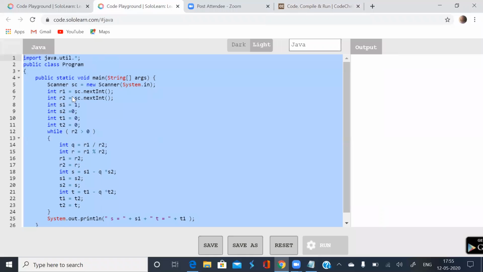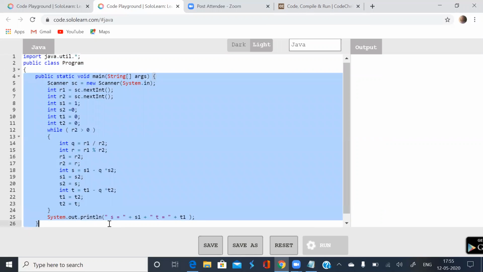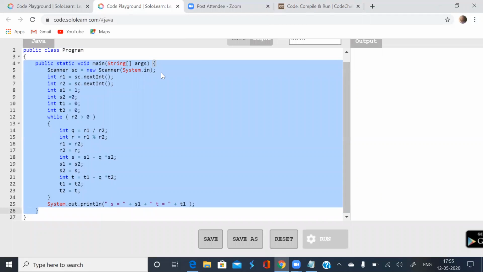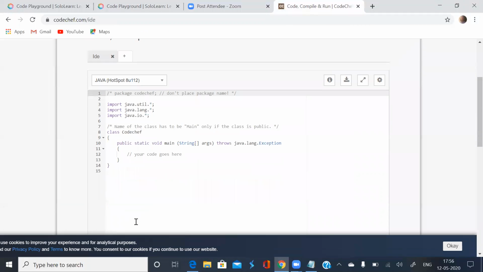Let us take only the method, come here, select language Java.